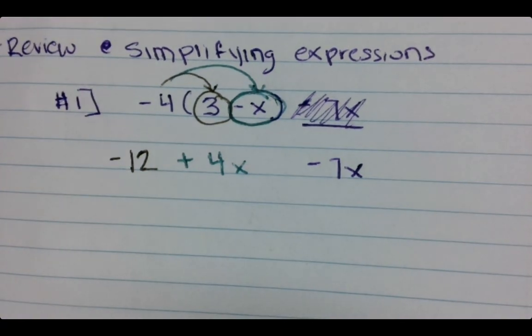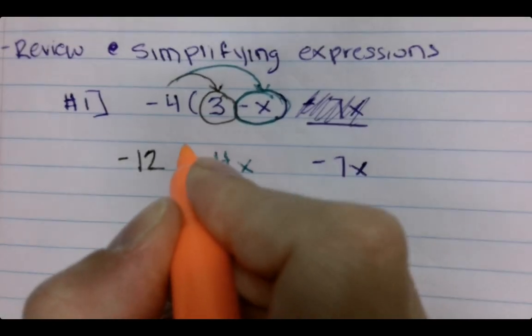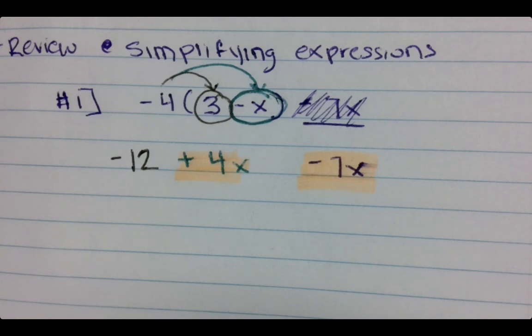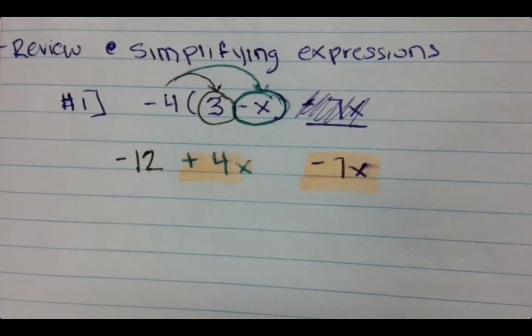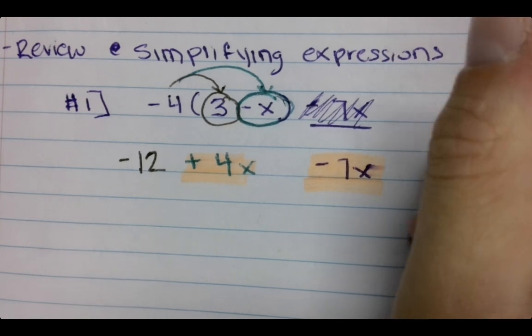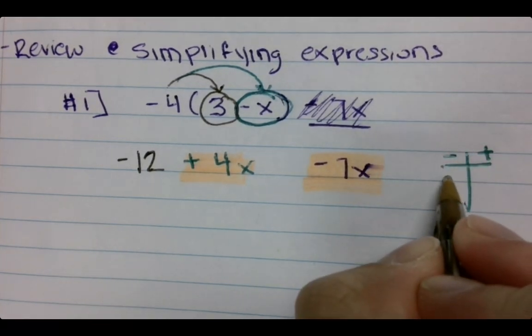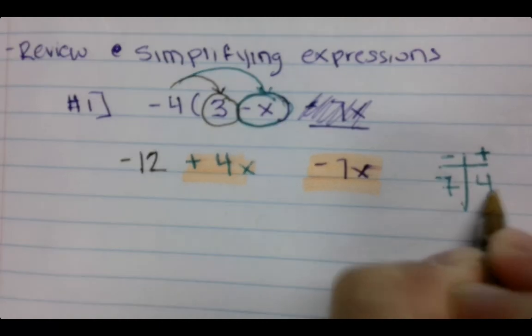Now we can combine things that are alike. So we have a positive 4x and a negative 7x. If I do my little t-chart, I have my minus here, my plus here. I have 7 on this side, 4 on this side.